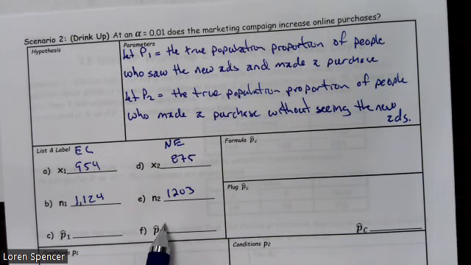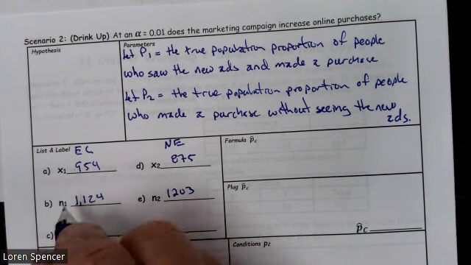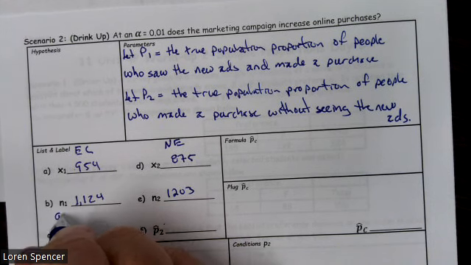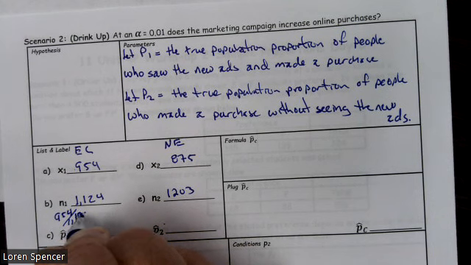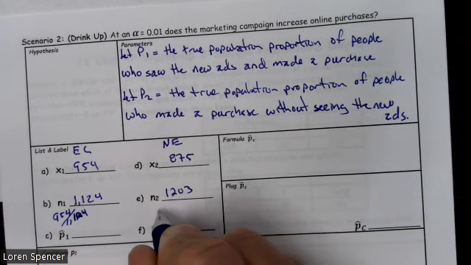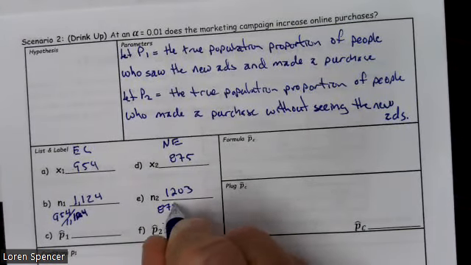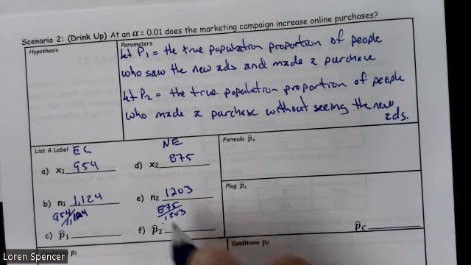We'll use them later. So our p hat 1 is going to be 954 over 1,124, and this is going to be 875 over 1,203.